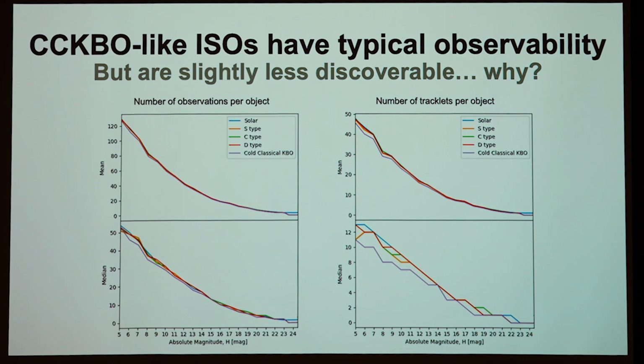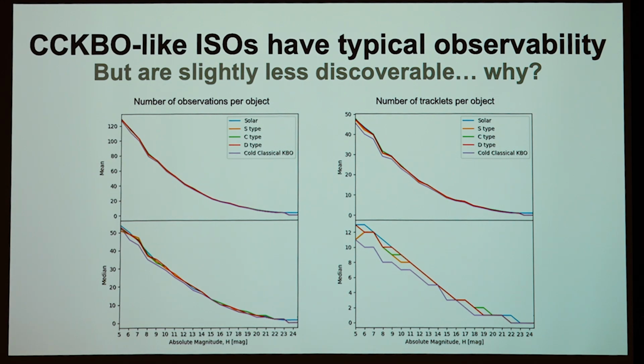And it's possible that because the cold classicals are much redder and not blue, you start detecting them in R far earlier than you start detecting them in U. So if you only have one image in R on one night, you can never get a tracklet.